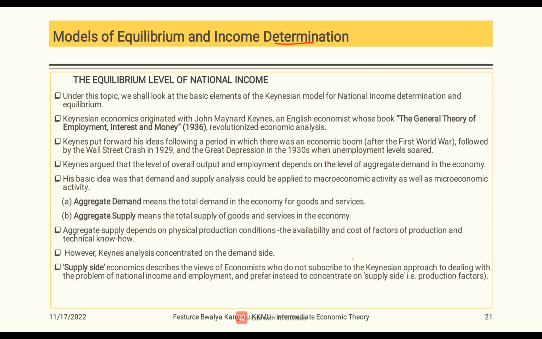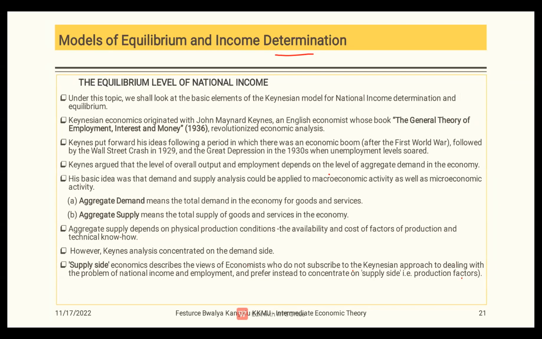By the way, we have about 5 groups of economists, so you have to choose where you belong. The first group of economists existed before 1936. Those guys, we also call them the classical economists.